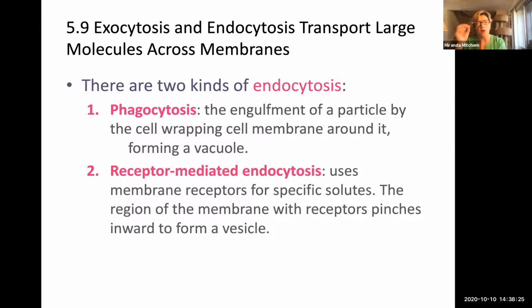And then we have another kind called receptor-mediated endocytosis that uses a receptor that is interacting with a matched partner. So receptor-mediated endocytosis is a specific process because it's bringing in what binds to that protein receptor. So we'll look at how that happens.